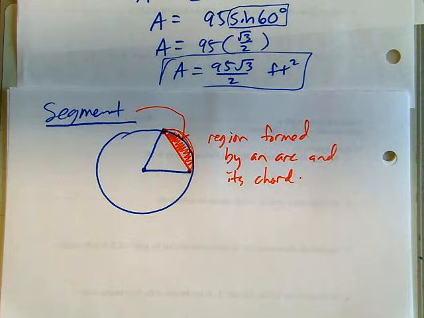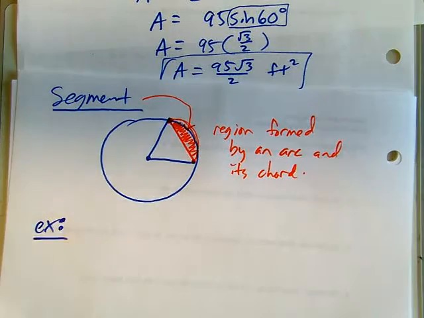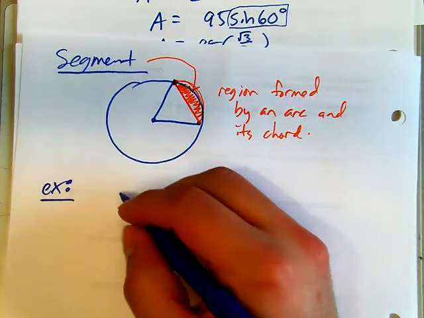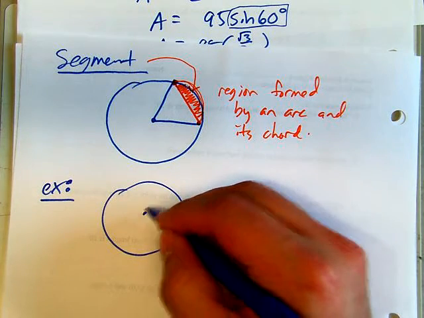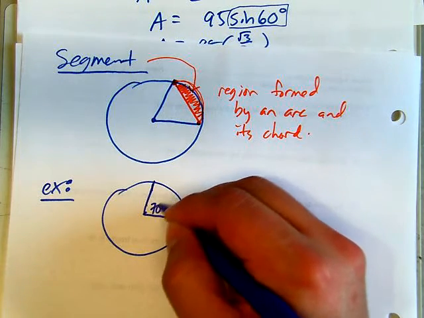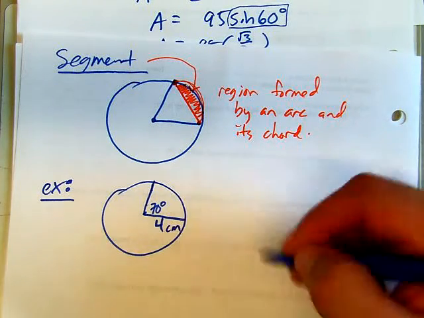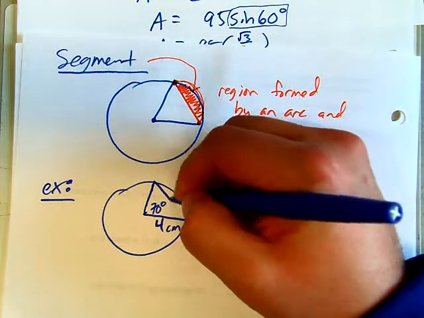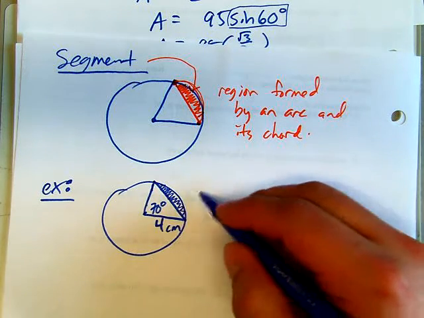And if we wanted to find the area of a segment, say we have a circle, let's say that's a 70-degree angle. Let's say the radius of the circle is 4 centimeters, and we want to find the area of the segment.